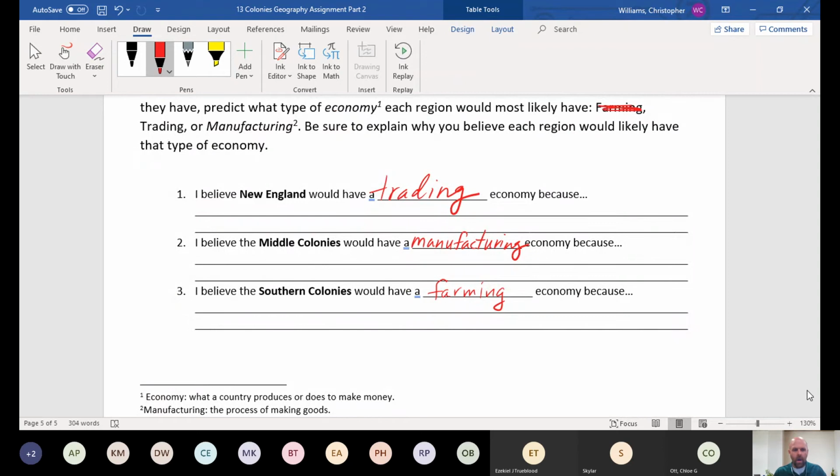Okay? Let's start with Southern. I believe the Southern colonies would have a farming economy because, according to the resource map, crops like tobacco, rice, and indigo are the most important resources. Sorry, not sugarcane, I meant indigo.